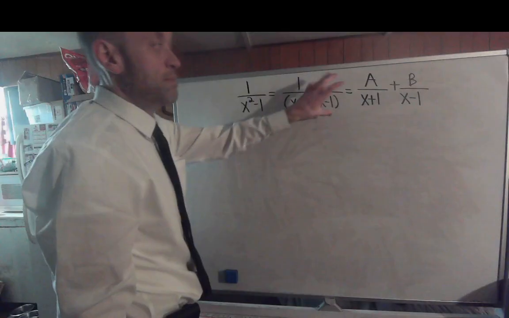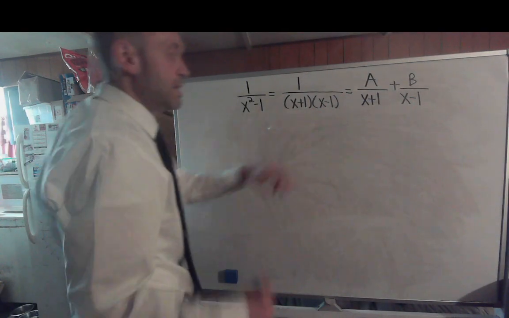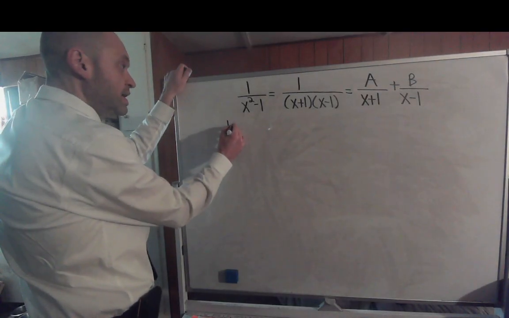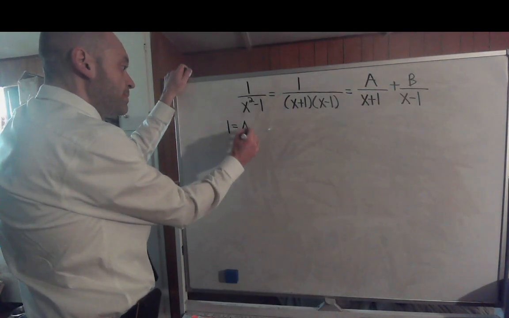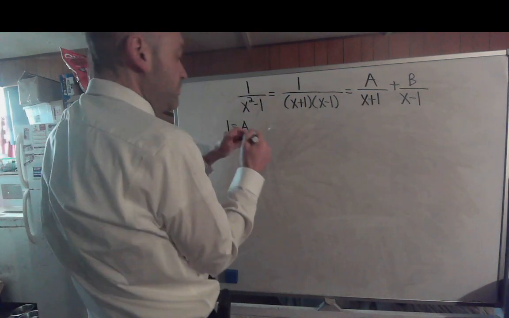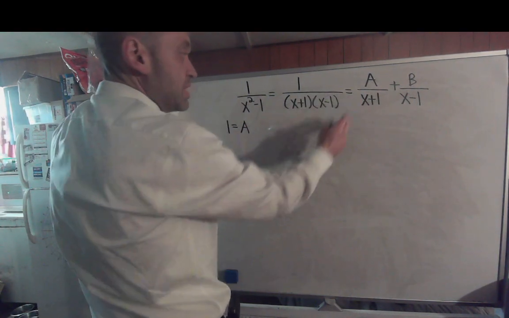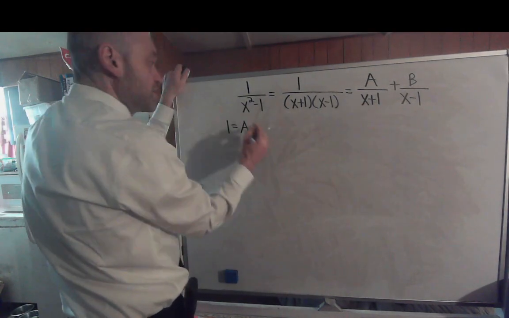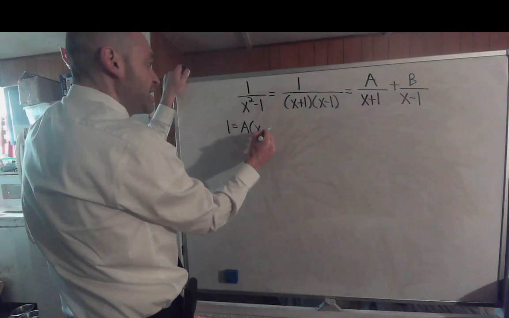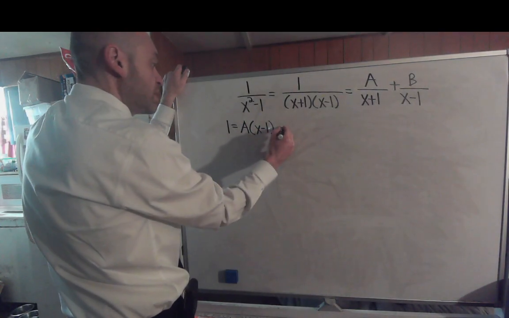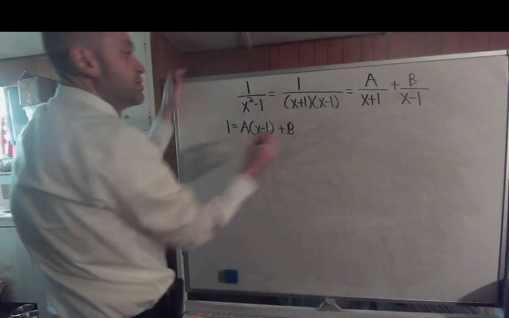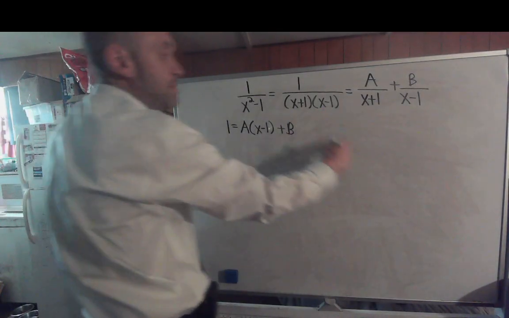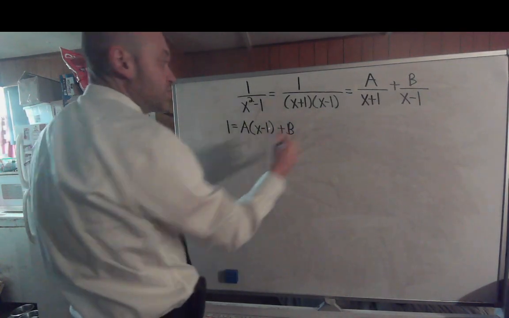You're going to multiply both sides by that denominator. What you should end up with at that time is 1 equals a times, now if you multiply a over x plus 1 times the denominator, the x plus 1's will cancel out. You'll end up getting a times x minus 1 plus b, and then if you multiply b over x minus 1 times the denominator, the x minus 1's will cancel out.